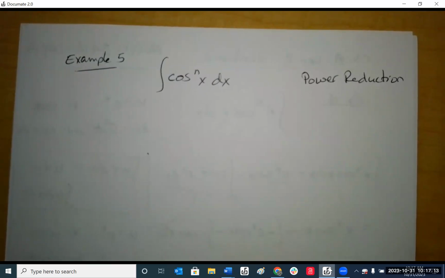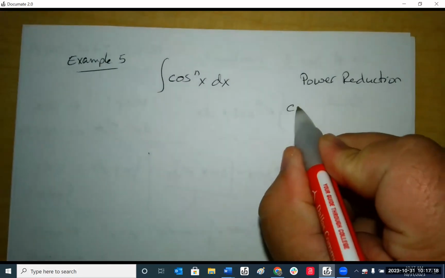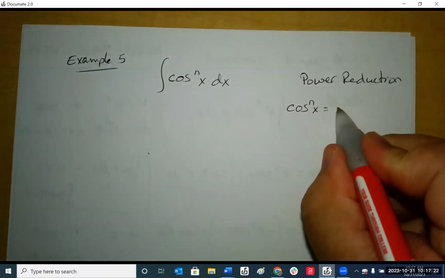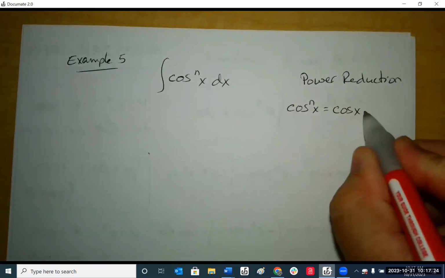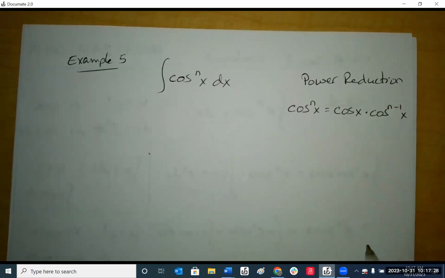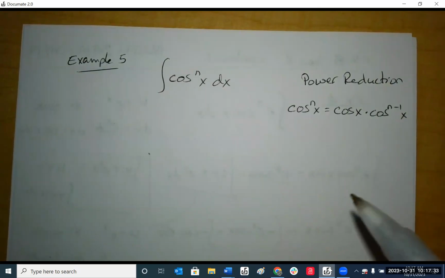Okay, so what do we begin with here? We know that cosine to the n of x can be written as cosine x times cosine to the n minus 1 of x. We took away 1. Now, this is the whole process we're looking at.